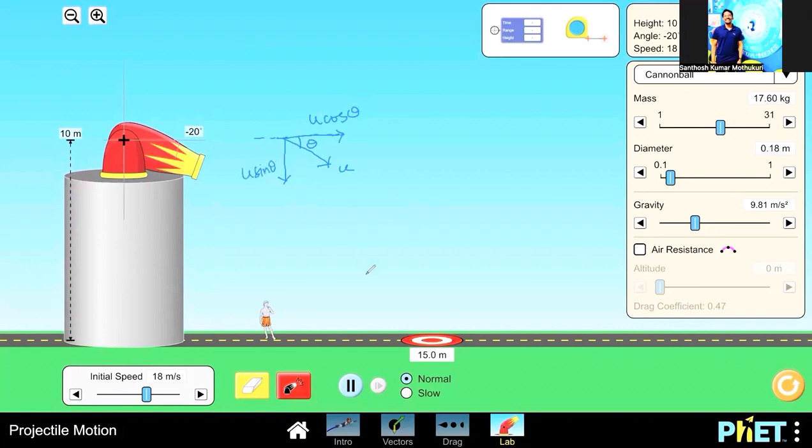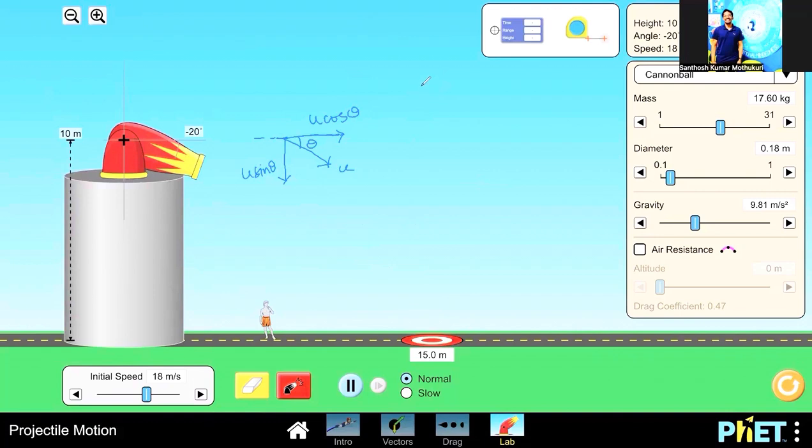This is how we resolve the components and the rest is all the same. We will be using the same equations. So let me fire this with 18 meters per second. Before I fire, I just want to check where it lands on the floor. We will try to figure out the horizontal displacement.